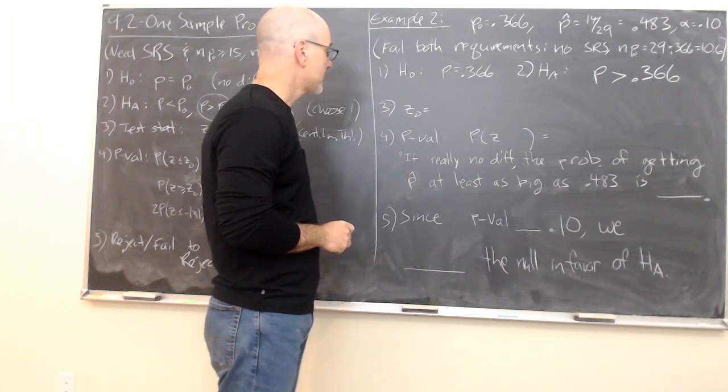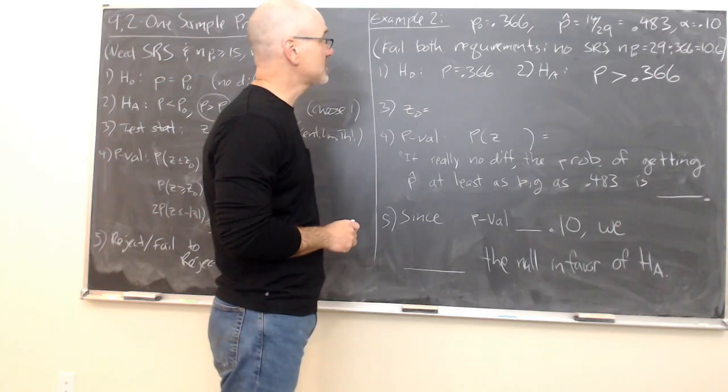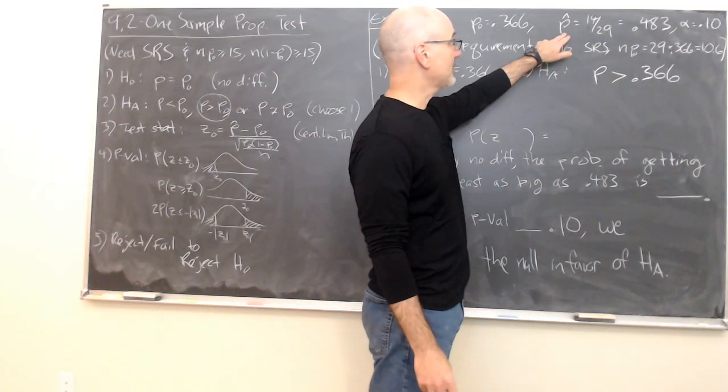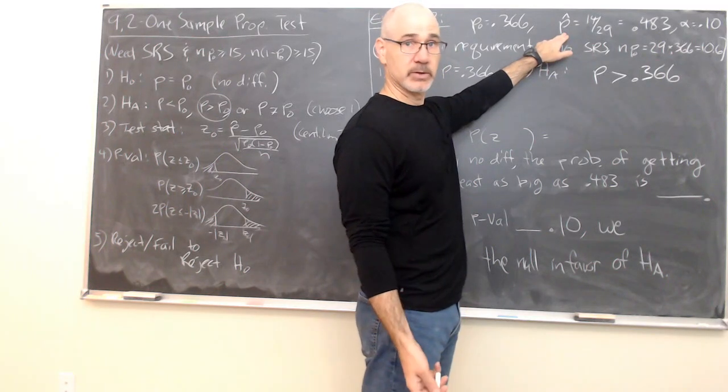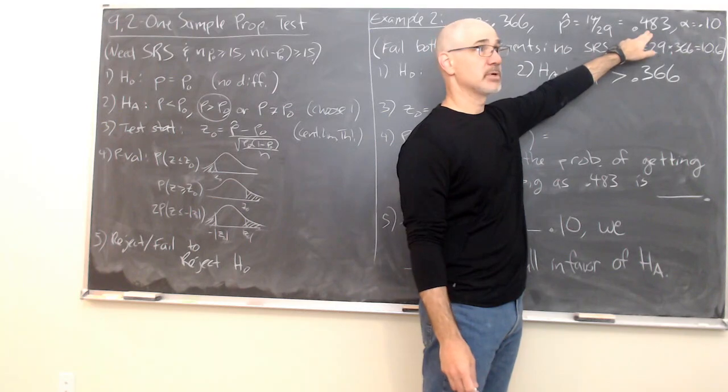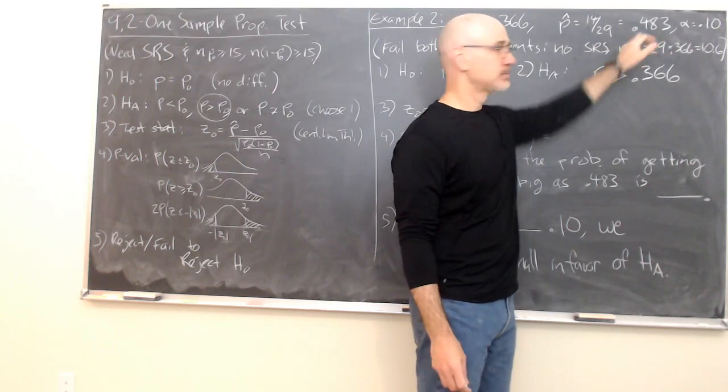All right, now we calculate the z-score or z-statistic for the p hat we got out of our sample. So again, what we're asking is how rare is that kind of result if there's really no difference?